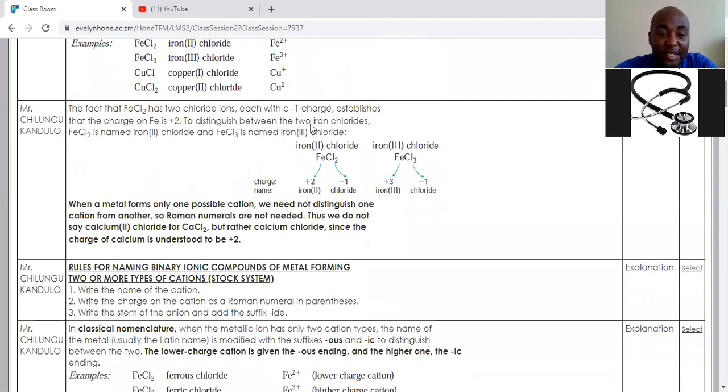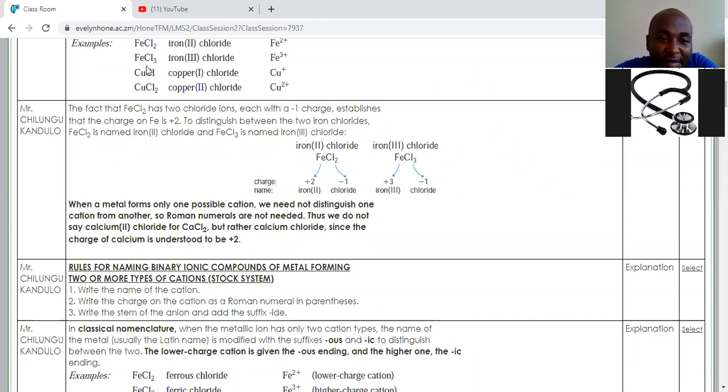Iron 3 chloride, no issue. So if you look at this one, FeCl2, the example is here. Since you know that chlorine is a halogen, and the charge on the chloride ion is -1, you remember we have to multiply by this 2, which is down there.